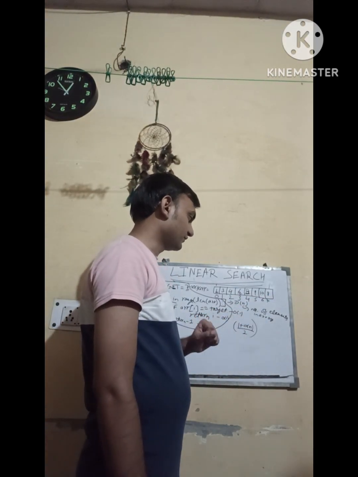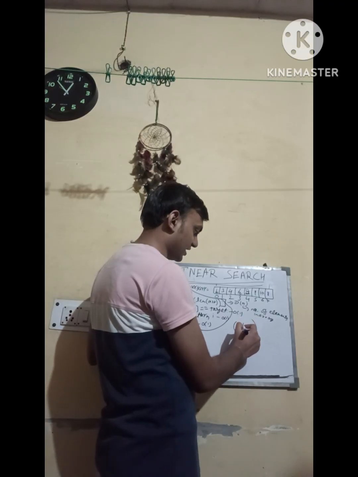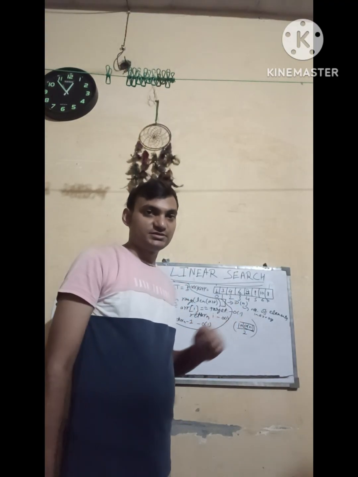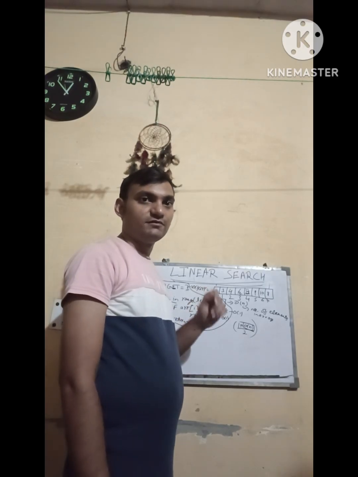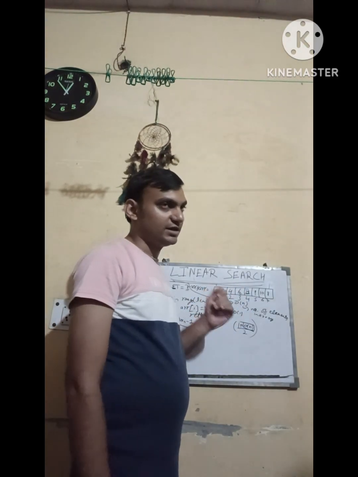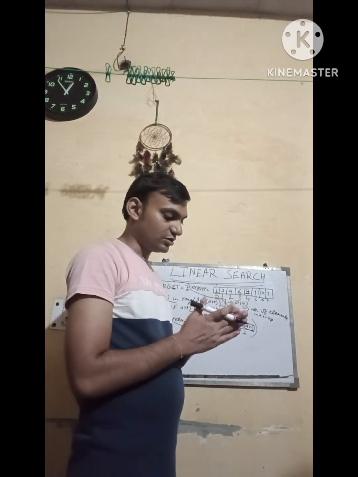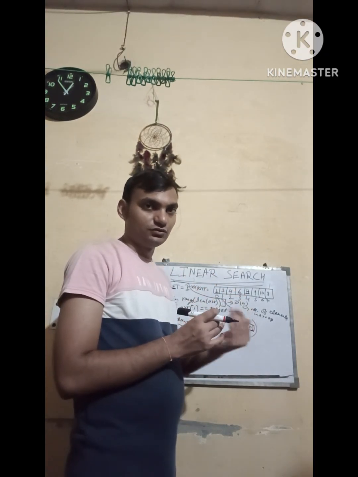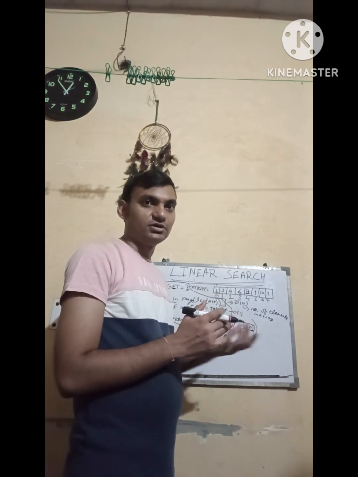So this order of n represents the iteration that we are doing, and this 1 by 2 represents the element we will find throughout the list, not completing the list, but we are halfway through it, or close to completion, but not exactly complete.